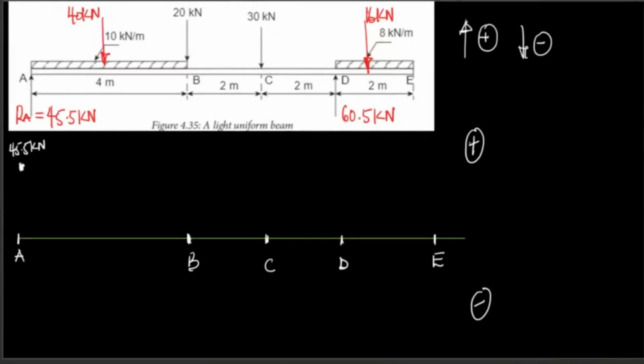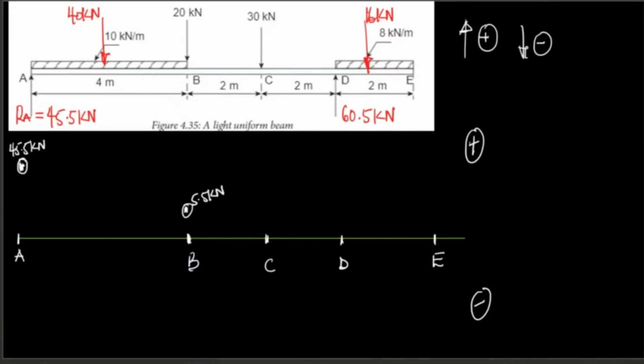Now, it's going to be minus 40 plus 45.5, because 45.5 is facing up. So plus 45.5 minus 40. So at section B there is going to give us 5.5. So you measure, maybe this is just 5.5 kilonewton. So that's the second dot. This is the first dot.